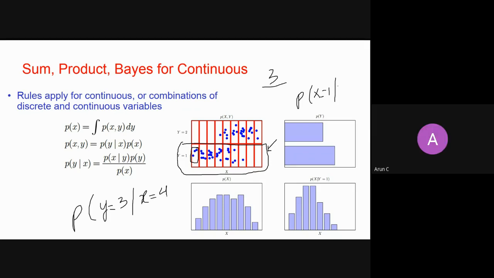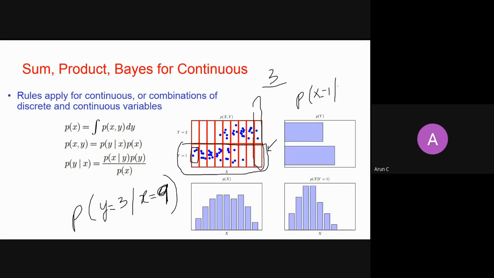And what is the probability given y equals 2 and x equals 9? 2 by whatever the total number of things there are in y equals 2. So I hope you understood it, right? So I'm saying that x equals 9, so you are coming into this world.